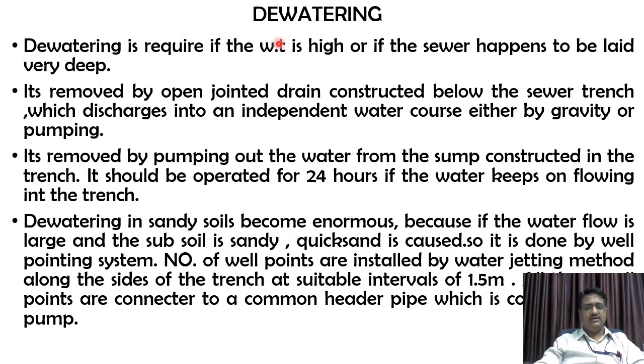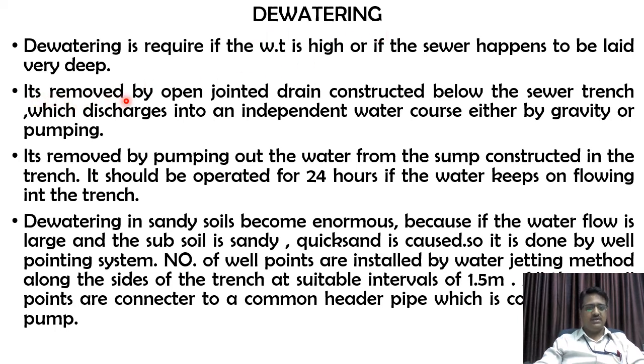Next is dewatering. Dewatering is required if the water level is quite high or if the sewer happens to be laid very deep. Whether the groundwater is at a higher level or the depth of excavation is more, if water is intruding into your trenches, dewatering is required.